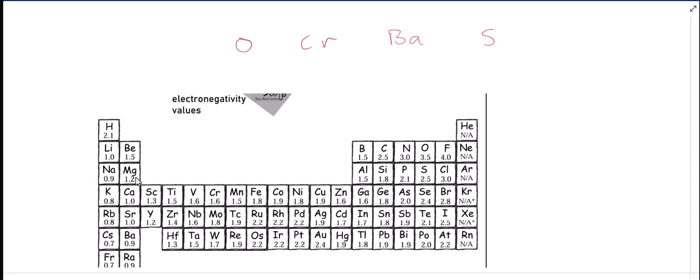So highest electronegativity first. So I know the higher electronegativities are going to be oxygen and sulfur, and I know oxygen will be more electronegative than sulfur. And then the nonmetals are going to be more electronegative than the metals. And then I've got chromium and barium, and so chromium will be more electronegative than barium, so it would go in that order. So that would be the order of electronegativities.